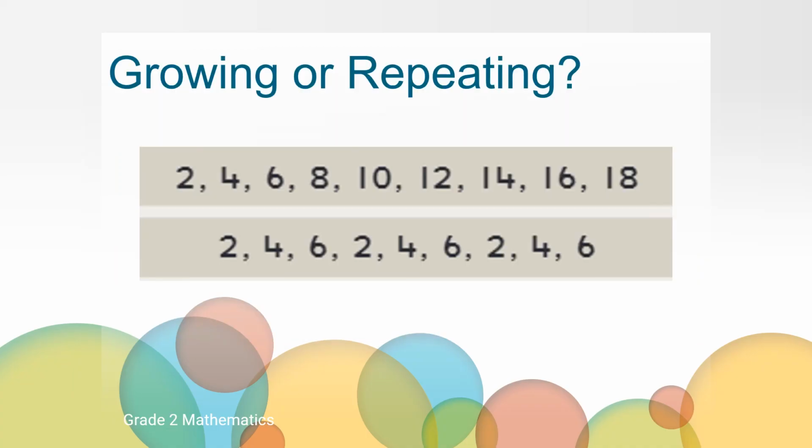You've already learned so much about growing patterns today. Here are 2 number patterns. Which of these is a growing pattern? Which is a repeating pattern? How do you know?